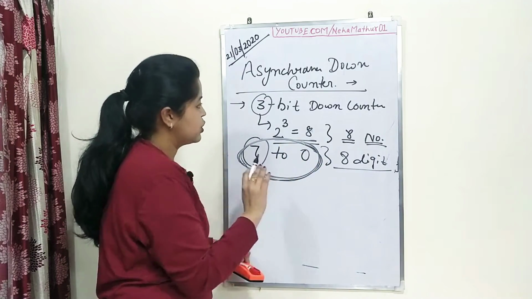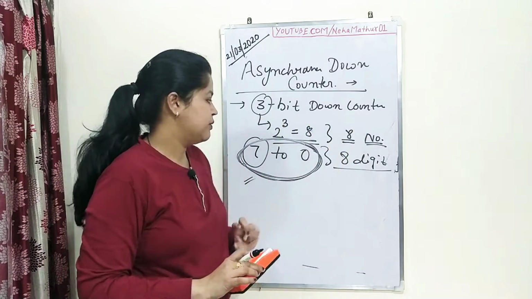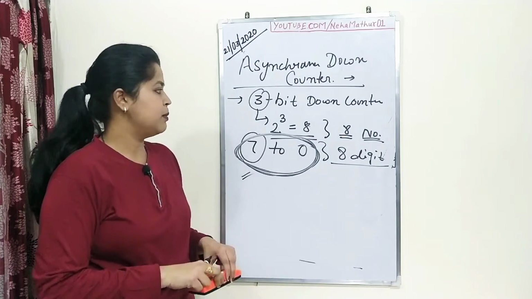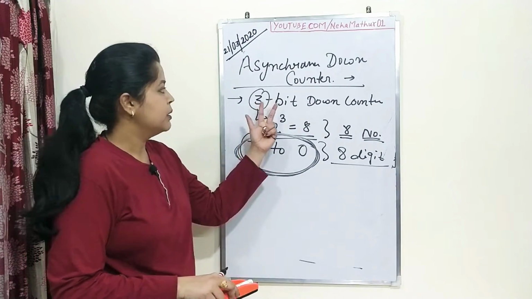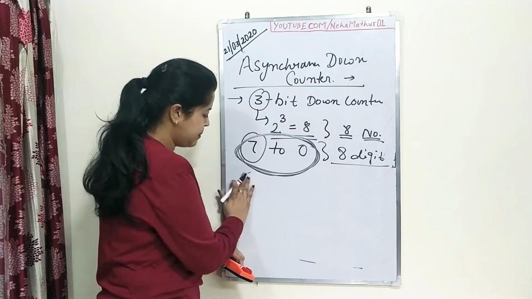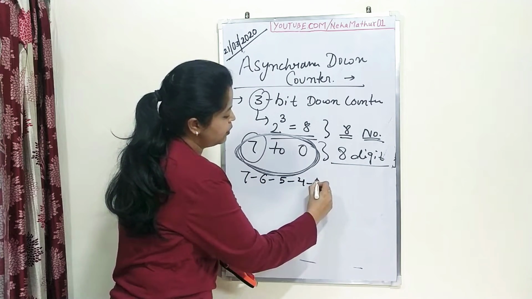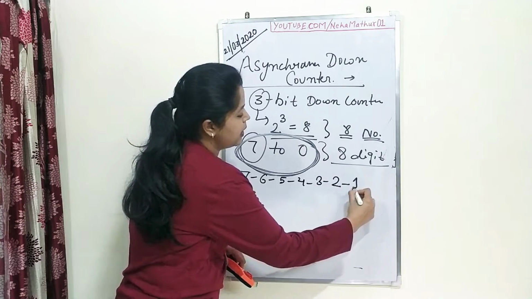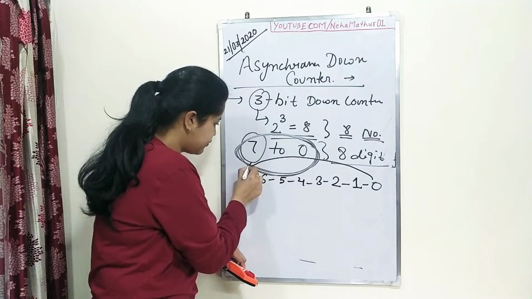So we are going to design a 3-bit down counter. Fine. Since it is capable of counting 8 digits, from 7 to 0, how will I represent it in binary? See, 7 6 5 4 3 2 1 and 0. This is the actual cycle, and it will again start from 7.